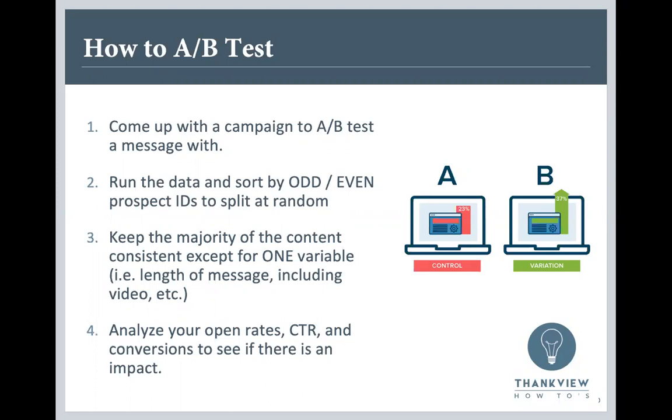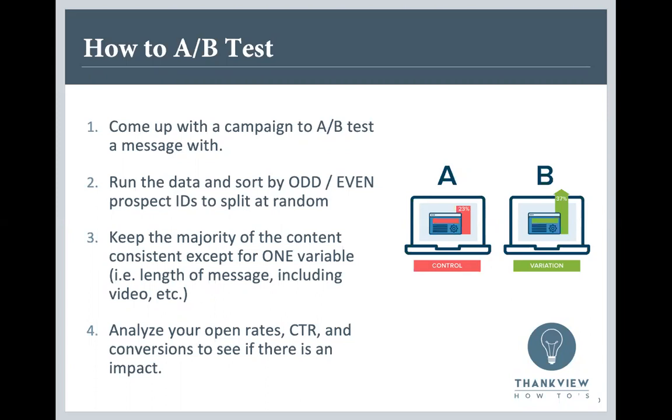For example, maybe you want to appeal to all people who have given to scholarships in the last 5 years, and you run that list and sort by odd and even prospect IDs to split at random. I'm suggesting this. That does not have to be how you choose to split your list. I just choose to split my list that way because it's the most random way. I've also heard of doing this with zip codes. Again, it's something that's at random.